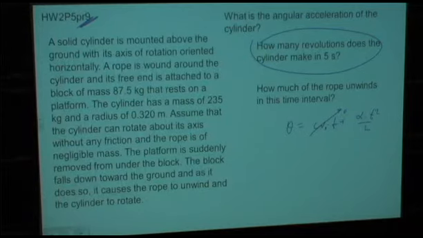And the acceleration has been found before. If you use this equation, theta gives you radians. And you need revolutions, so you have to convert radians into revolutions. 1 revolution equals 2 pi radians, that's it. Done. That was my last slide.